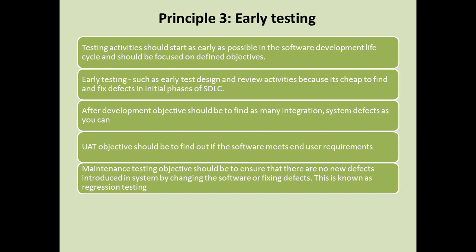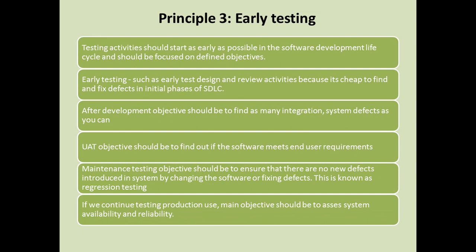So in maintenance testing, if there is any change or fix done in the software, the focus should be to ensure that there are no new defects introduced into the software. And if we continue testing in production use, the main objective should be to assess system availability and reliability.